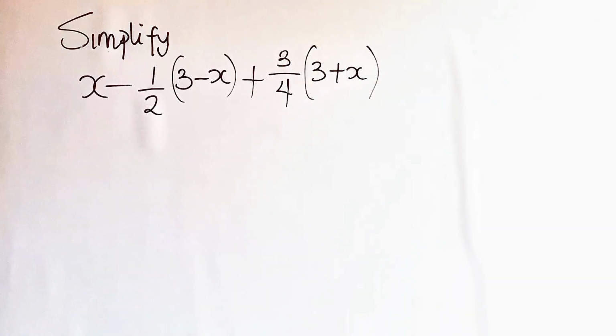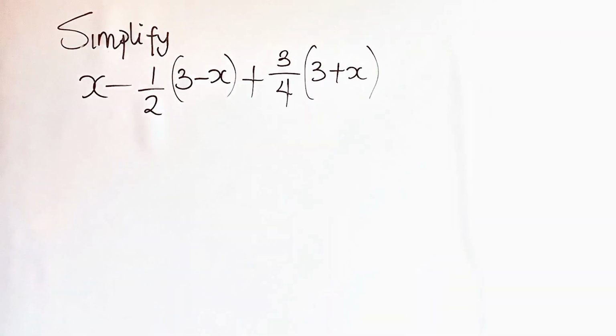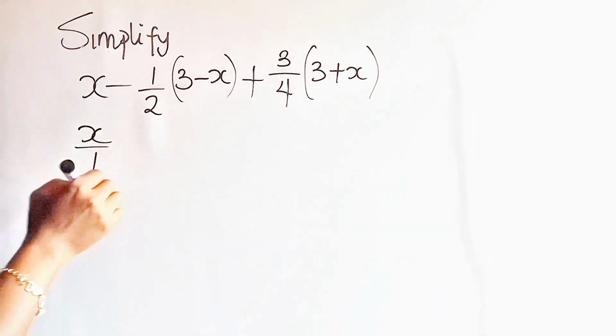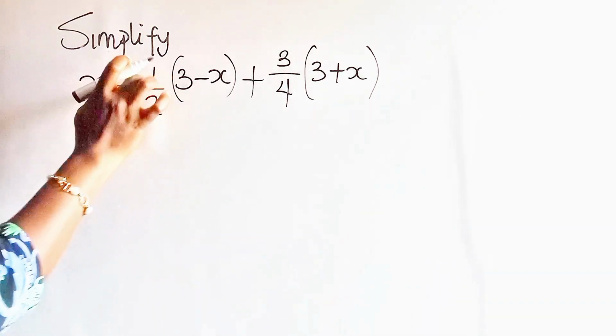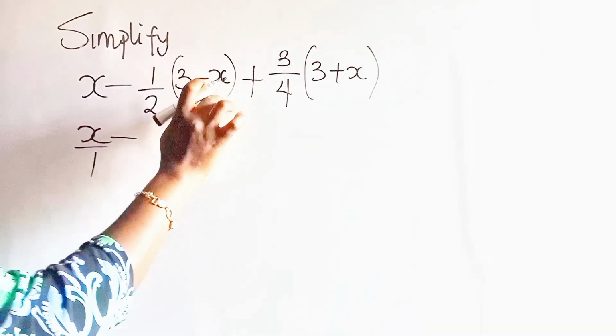And we have our second example here. We have to simplify this expression. Same thing, we are going to expand the bracket, that is, opening the bracket. Remember that x can also be written as x over 1 minus. Now, this numerator is going to multiply this expression in the bracket.